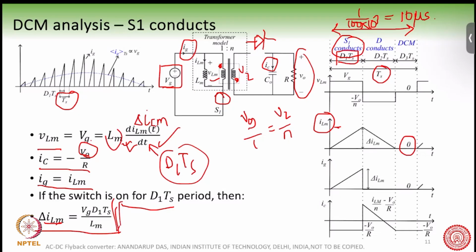And that is what we have written here. Okay, so now let us see the waveforms. Vg is coming on the VLM and the current is rising, and Ig is equal to ILM. So this is the current here, and IC is equal to minus V0 divided by R, right? So these are the waveforms.